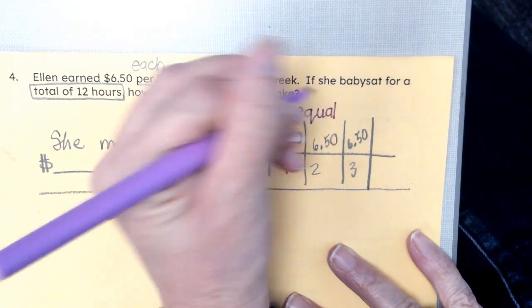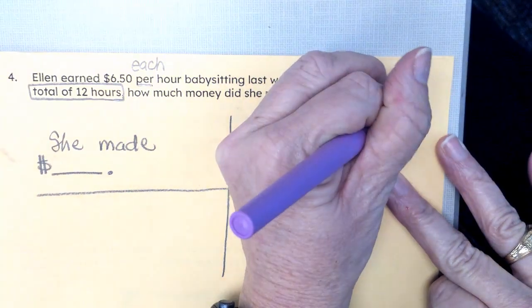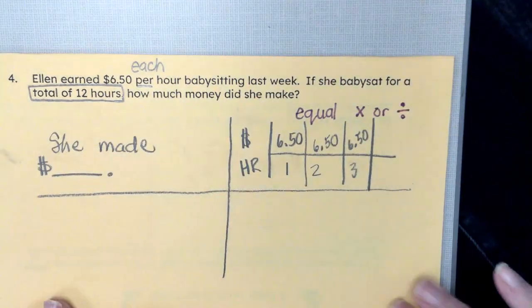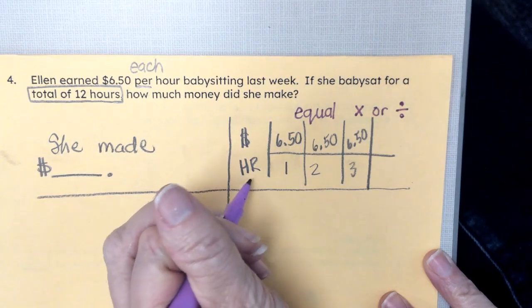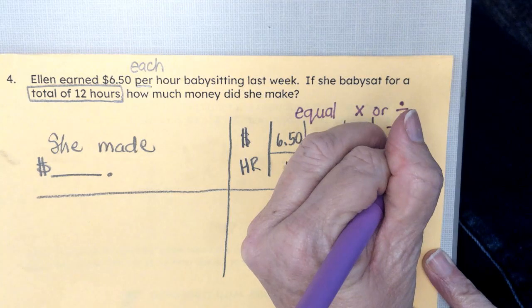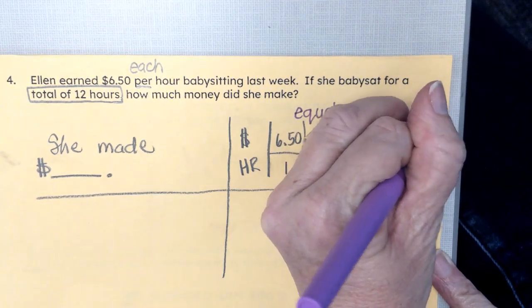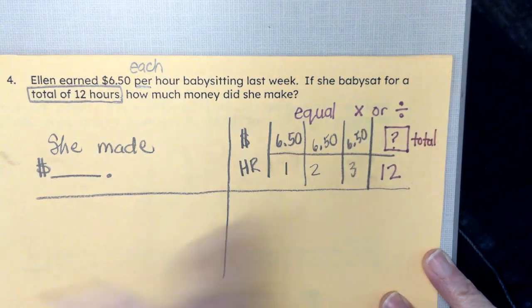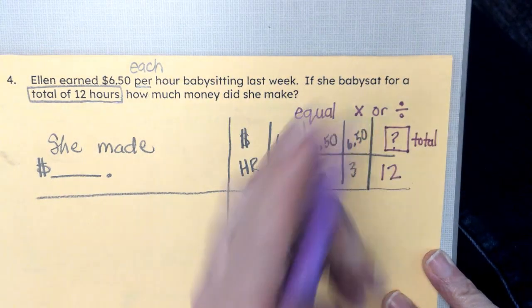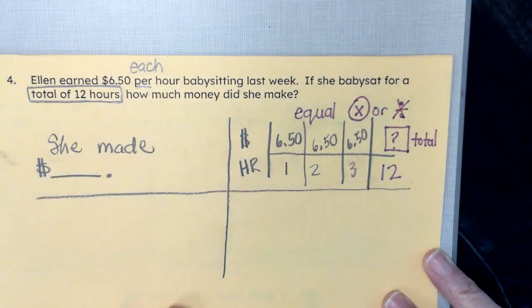And anytime we have equal amounts, we're either multiplying or we're dividing. Now what I'm wanting to know is when she gets to hour 12, what will this dollar amount be? What will this total be? In order to find the total, I would not be dividing, but I would be multiplying.